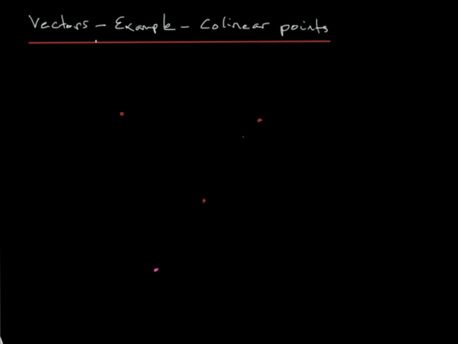If I want to show that these 3 are collinear, then what I have to do is to take these 2 points here, the 2 position vectors that are describing, imagine the origin is over here, and there's a position vector that describes this position and another one that describes this position.